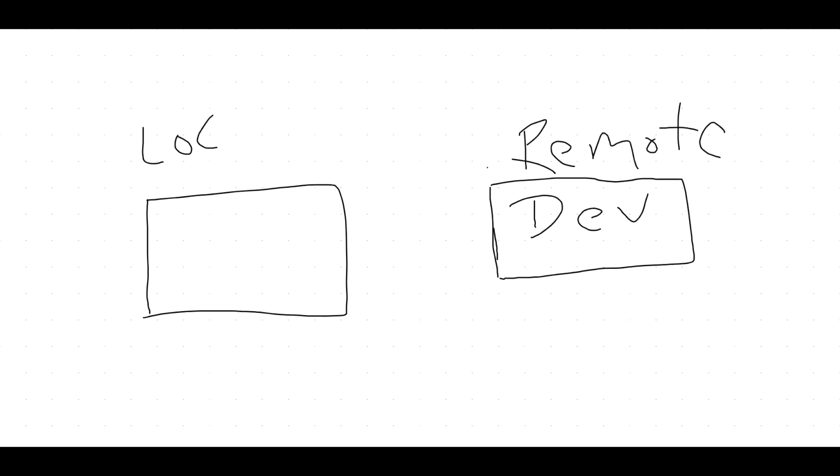So this is remote. Let's say we have the dev branch here. Now this is our local. Let's say in local we are using VS Code. What we will do, we will create a feature branch from dev.